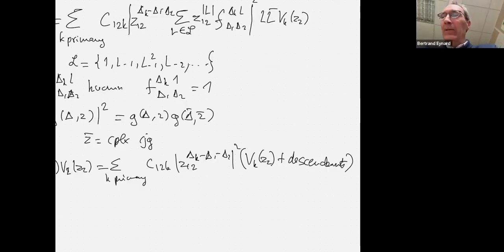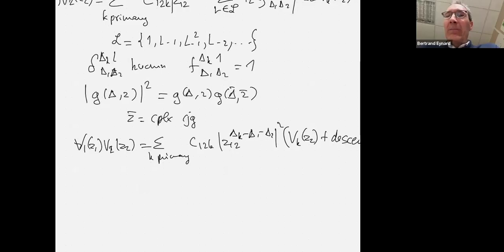Okay, so now let's focus on degenerate fields. The claim is that the OPEs of degenerate fields are particularly simple. We can start with the simplest degenerate field, which is V_{⟨1,1⟩}, this level 1 degenerate field.